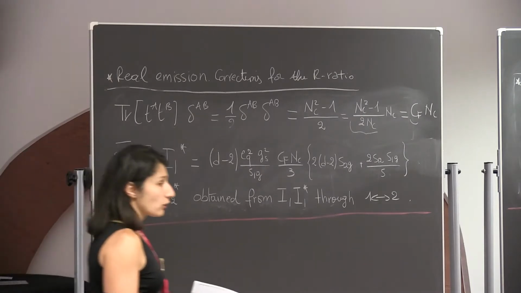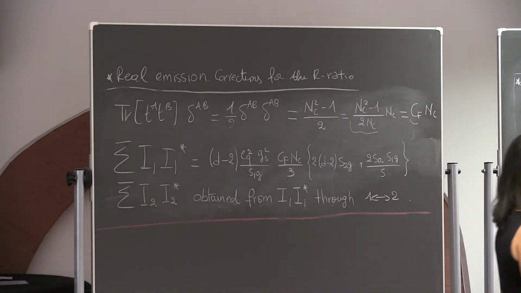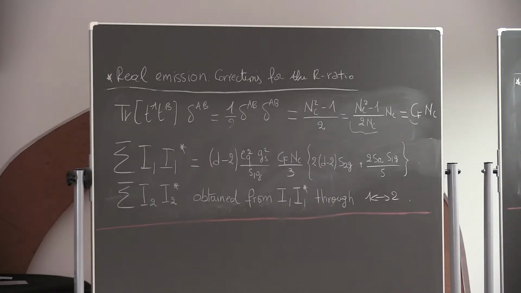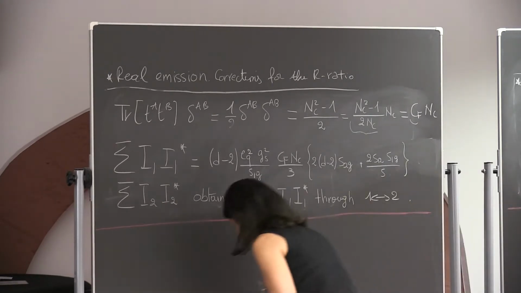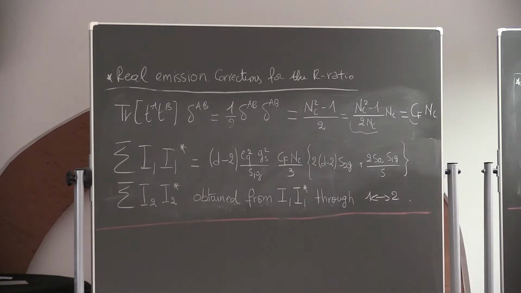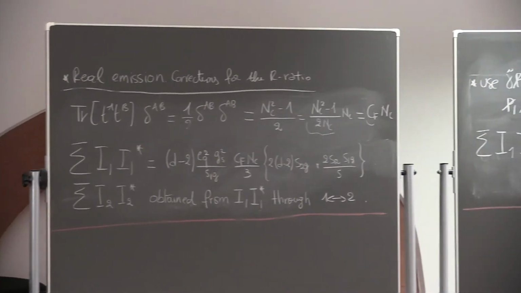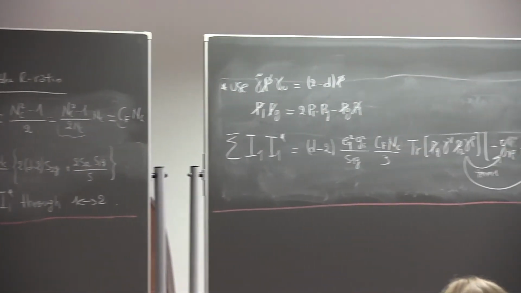So what is left now to calculate is the other term, I1 times I2 star, and I1 star times I2. These are calculation steps we have to go through before we can see really the singularities appearing in our matrix element. So bear with me.